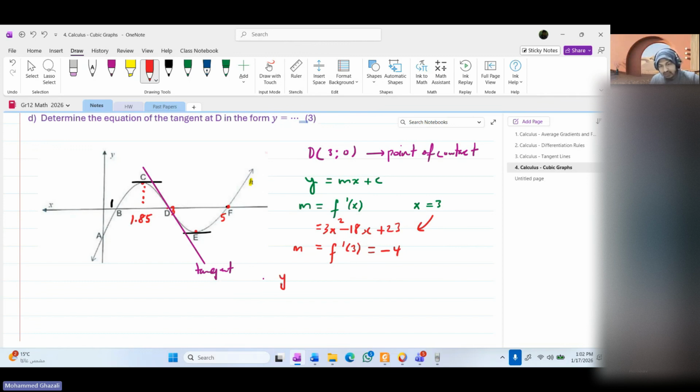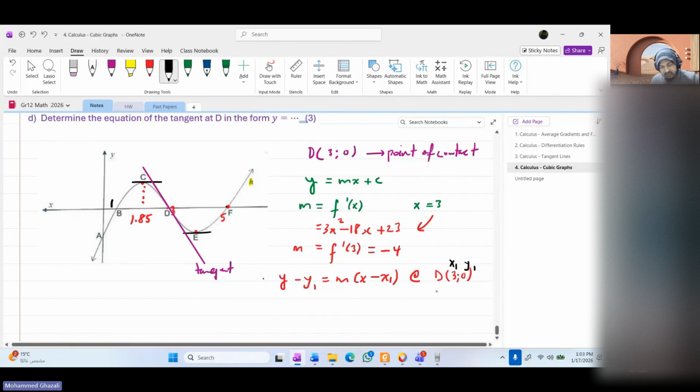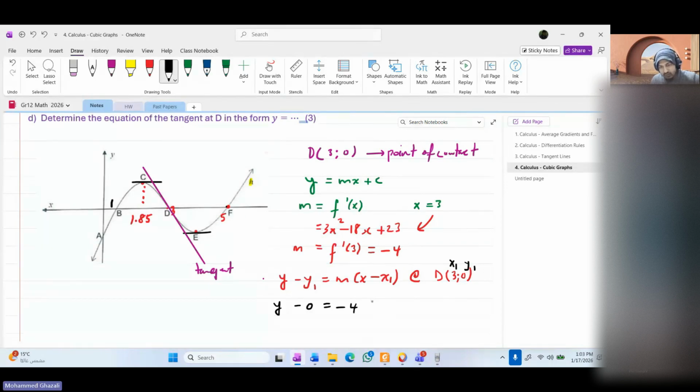So you're going to say y minus y1 equals m into x minus x1 at the point D, which is 3, 0. Now, remember, this is x1, that's y1. y1 is 0, so y minus 0. What's m? -4.